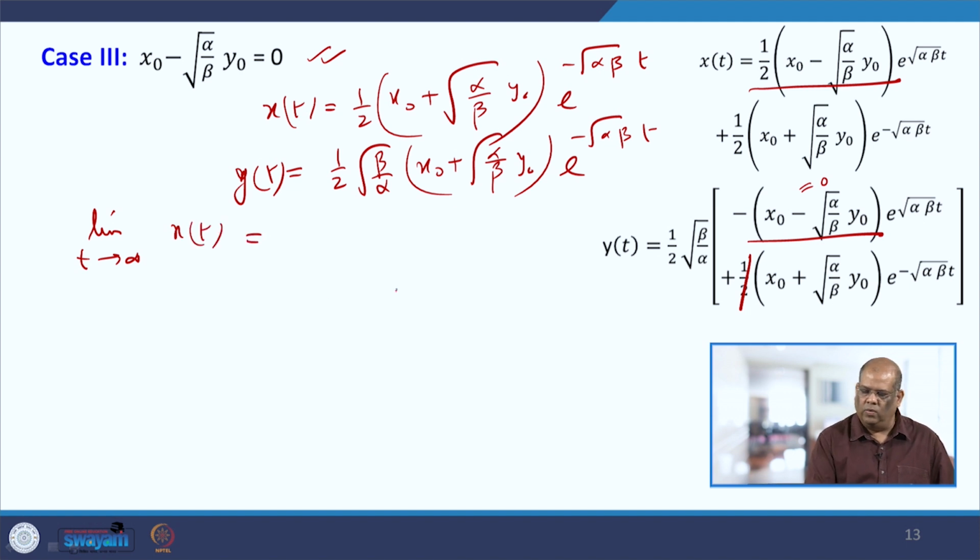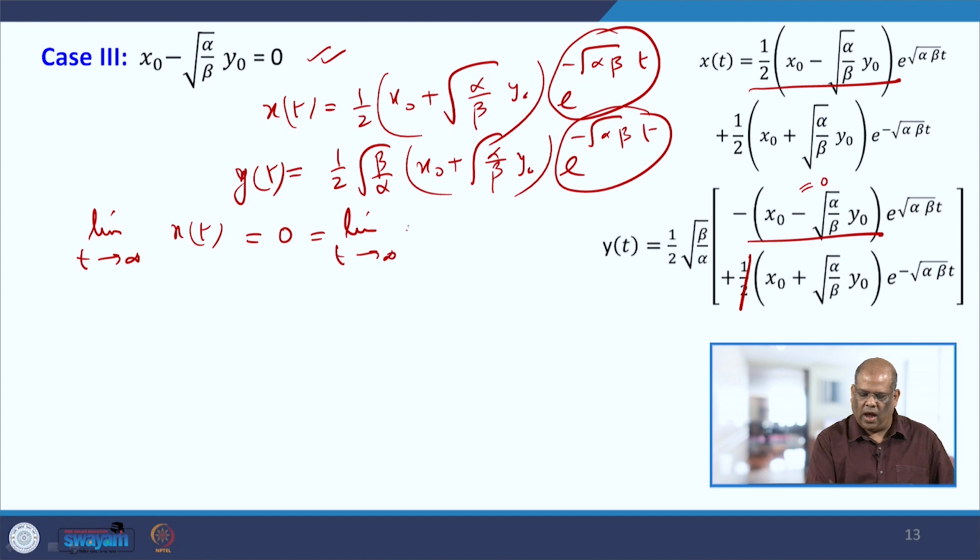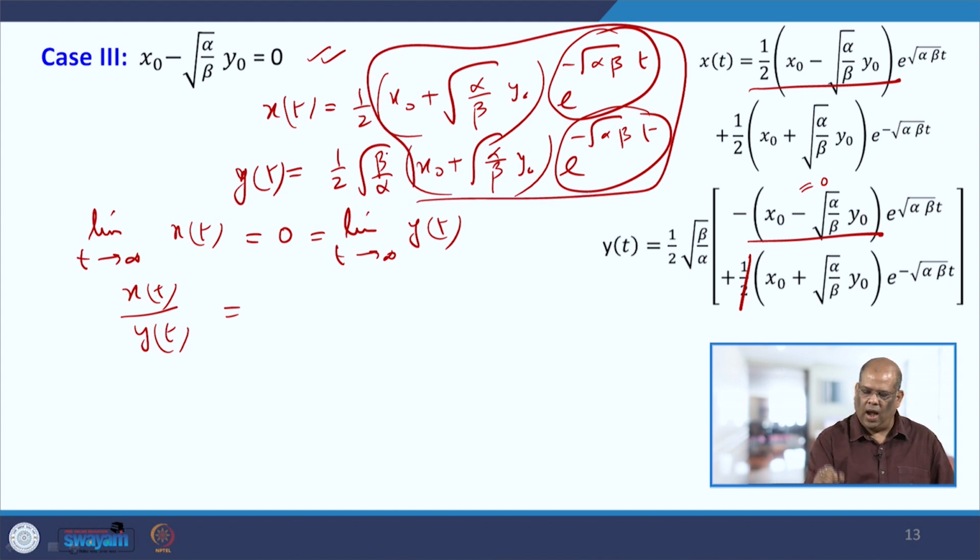So, from here you can see that if your t becomes large, then this value goes to 0, this value also goes to 0. So, when your t becomes large, both your x(t) and y(t) equal 0. But if I divide x(t) by y(t), so this whole thing gets cancelled and you are left with root of alpha by beta, which is a constant.